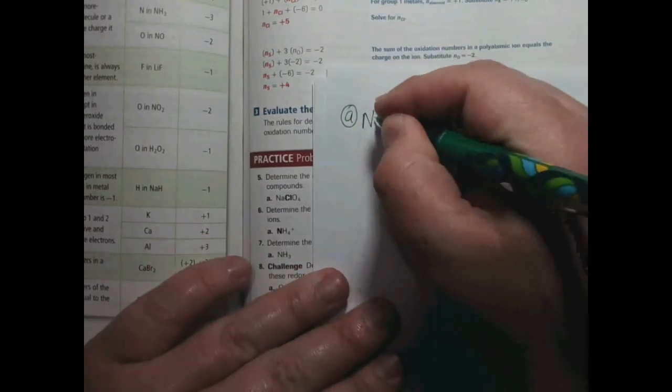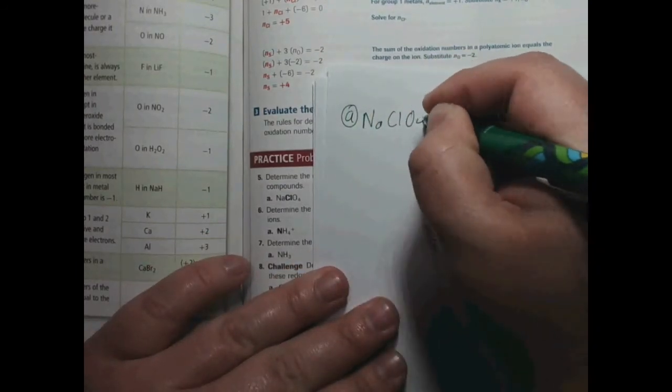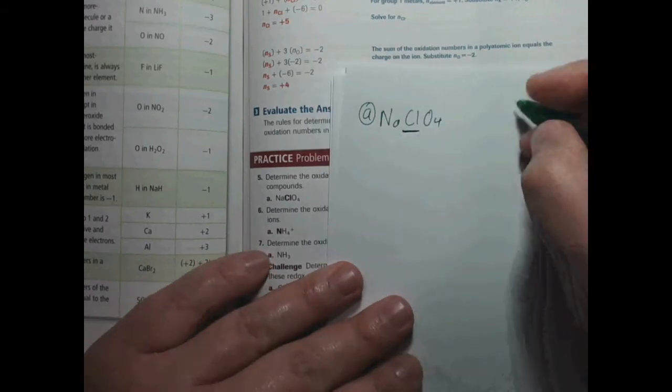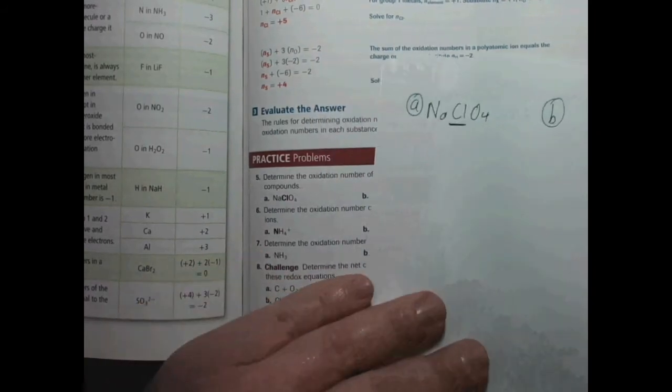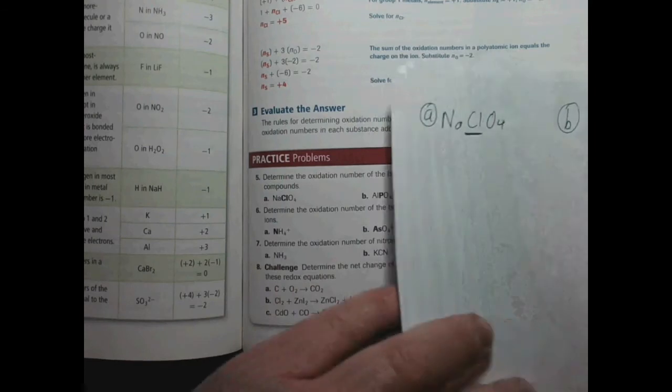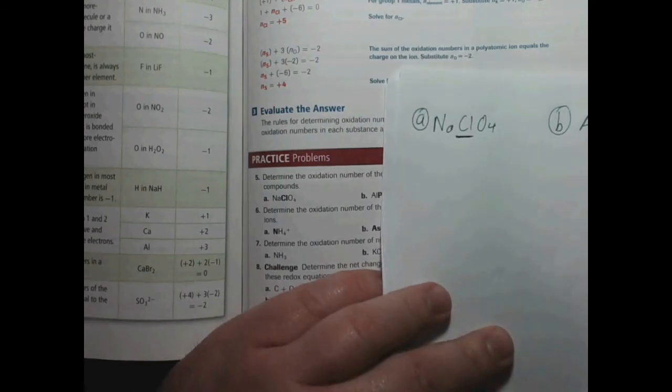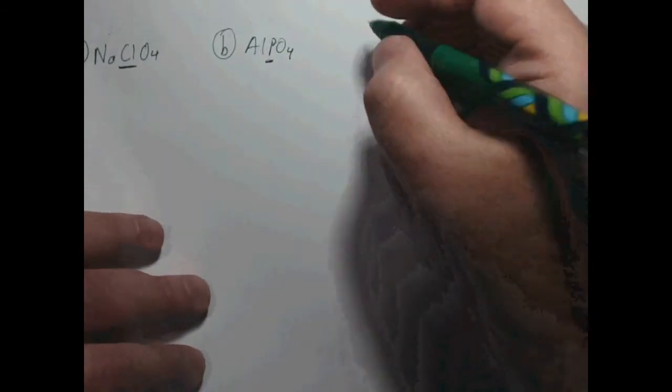A is NaClO4 and it wants chlorine. B is AlPO4 and it wants the P. And then C is HNO2 and it wants the N. All right.